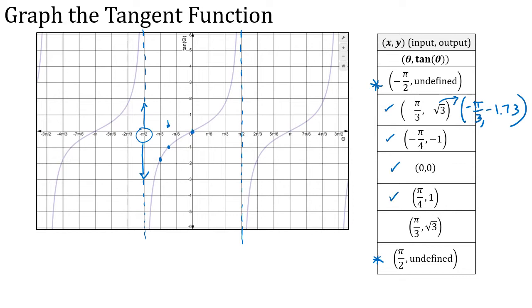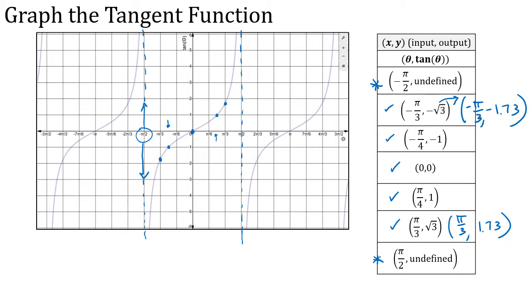Pi over 4, comma 1. Pi over 4 is between pi over 6 and pi over 3. So I'm going to go up to 1. And then finally, pi over 3, comma, square root of 3. That is going to be pi over 3, comma, positive 1.73. And so let me go ahead and mark that on there.